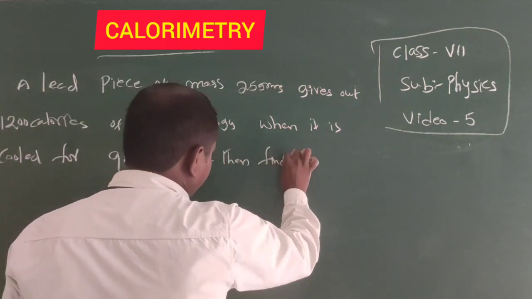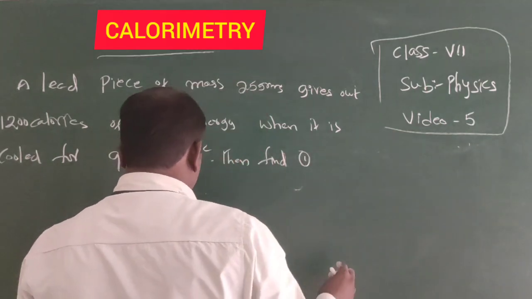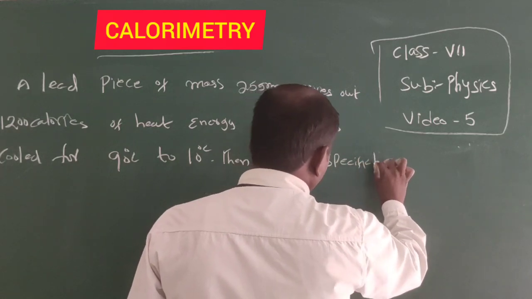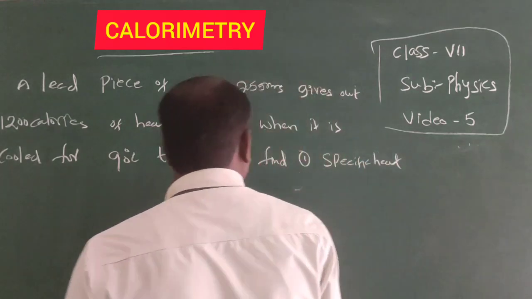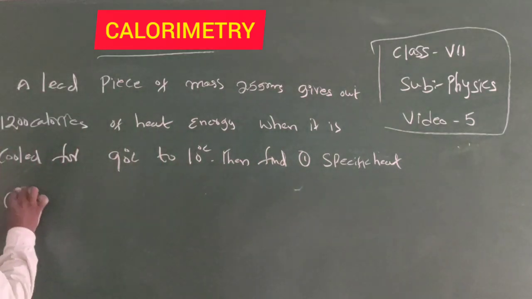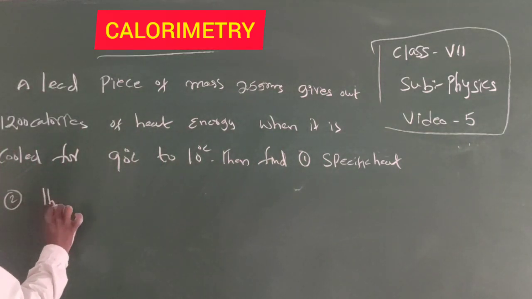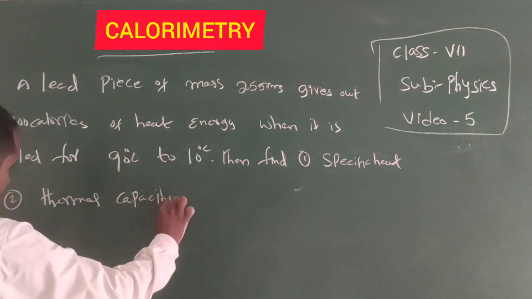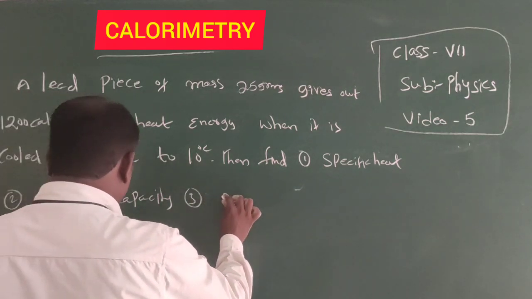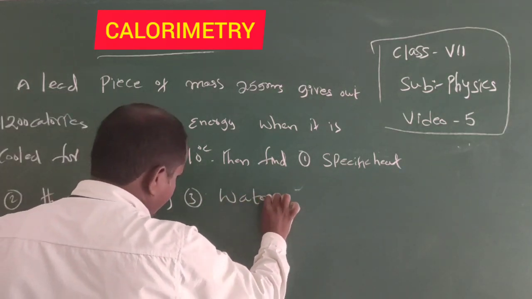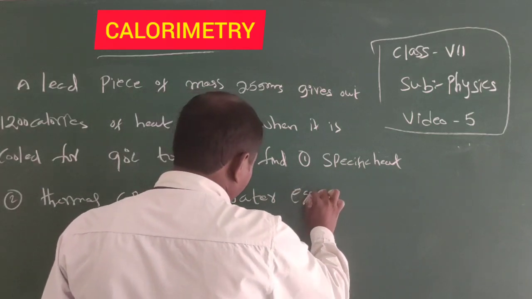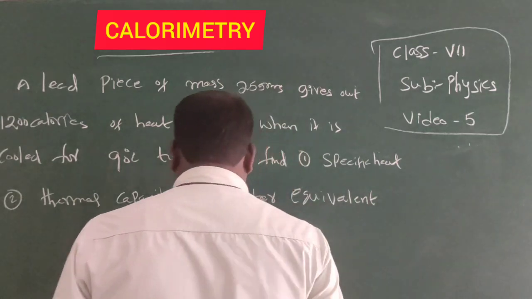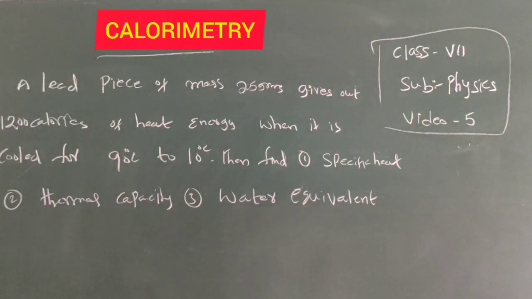Then find: the first one is specific heat capacity, the second one is thermal capacity, the third one is water equivalent.